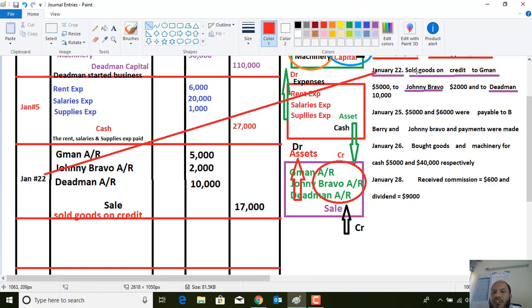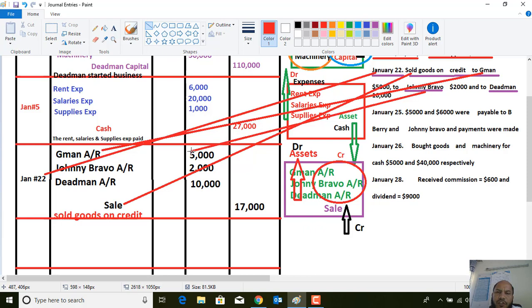In this transaction we sold the goods, but this sale is on credit. So on credit to G-Man. This means that we will receive from G-Man at a future date. This credit sale was also made to Unibrav, and it is a receivable of the business. And also we have, for example, a receivable from the Deetman.